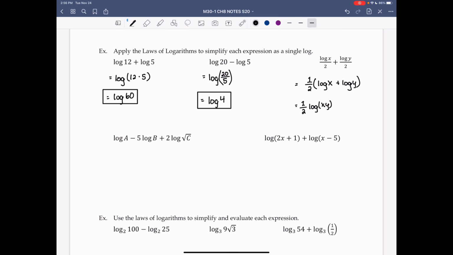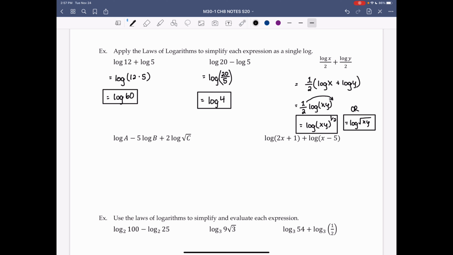That's the exponent law, so we can write that as the exponent on the argument. And we get log of xy to the power of 1/2. An exponent of 1/2 is a square root, so we could also write this as log base 10 of the square root of xy. Either one of those would be fine for your final answer.